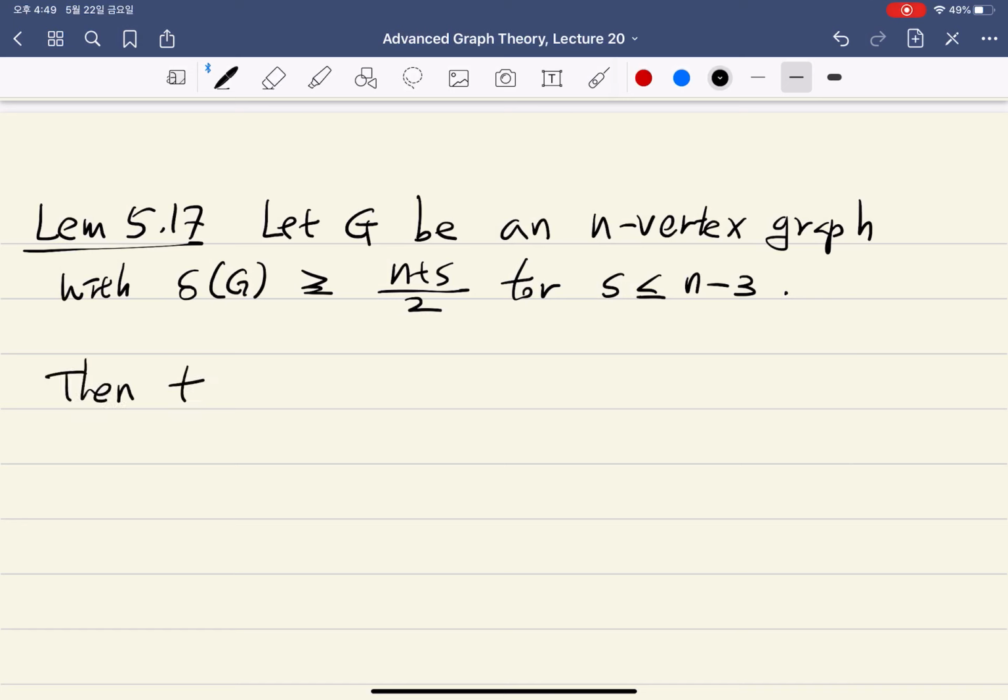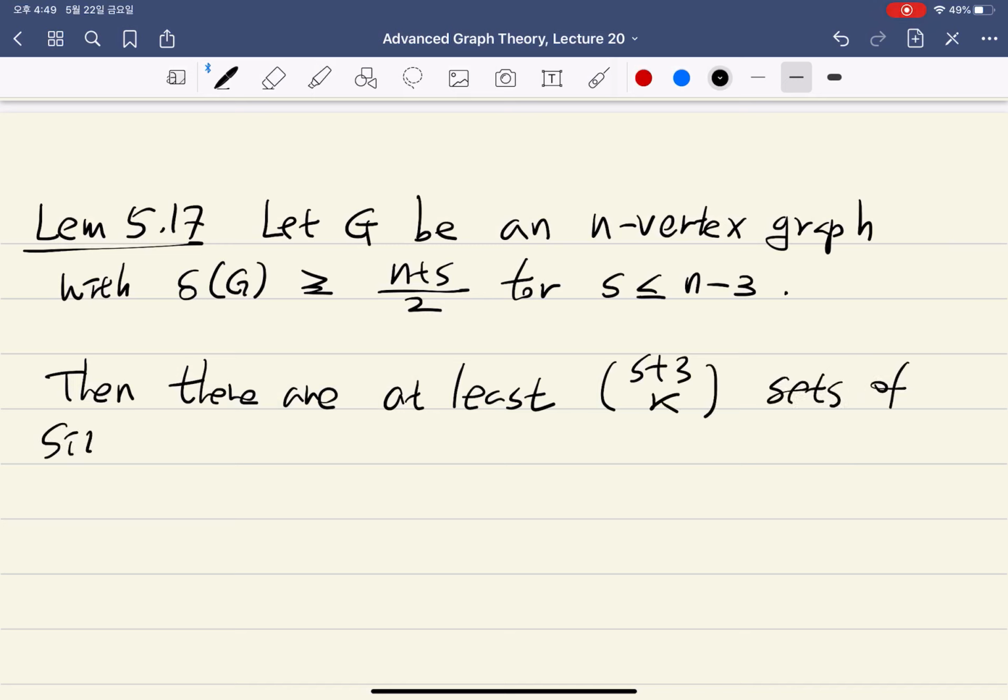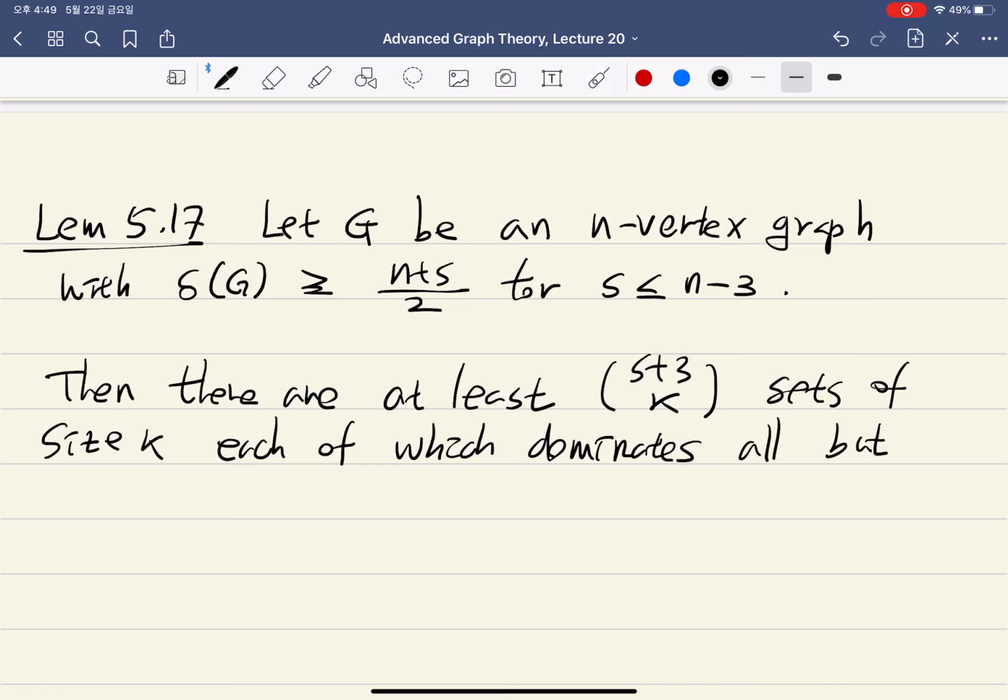Then there are at least s plus 3 choose k many sets of size k, such that each set dominates many vertices in G, meaning all except 2 to the minus k times n vertices of G.